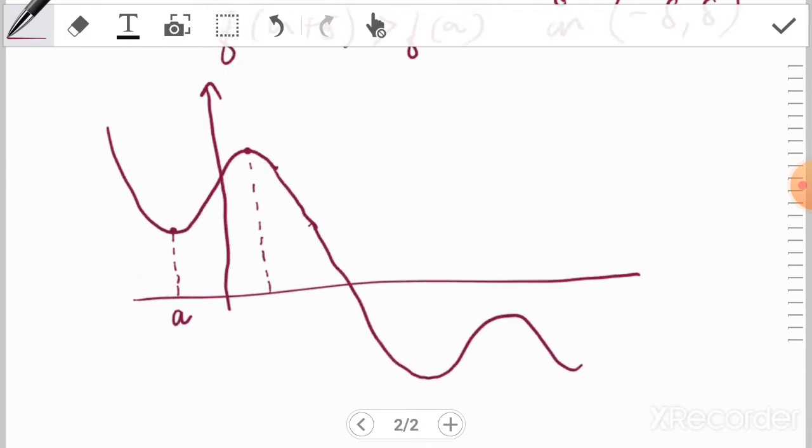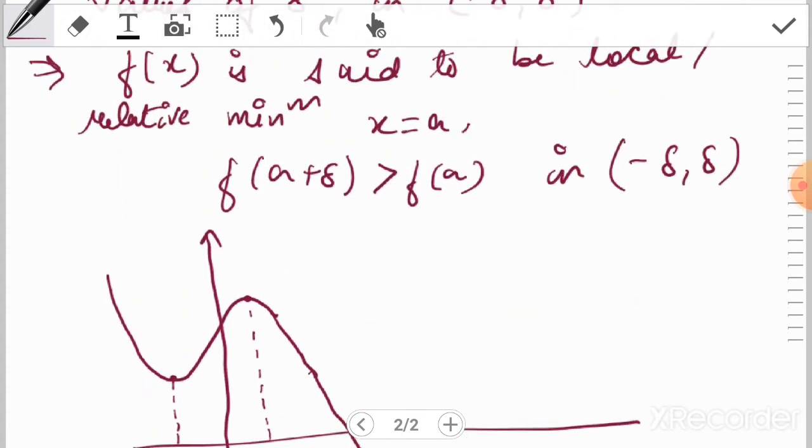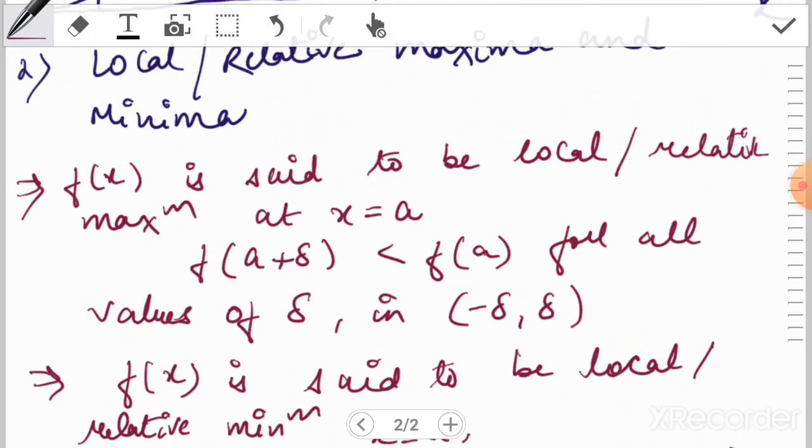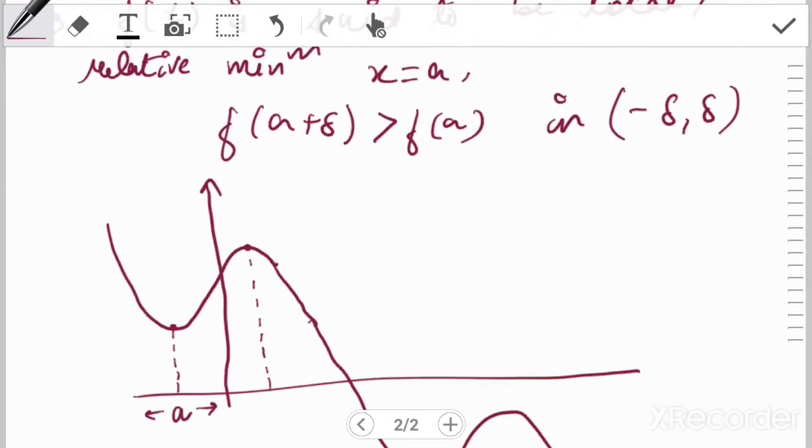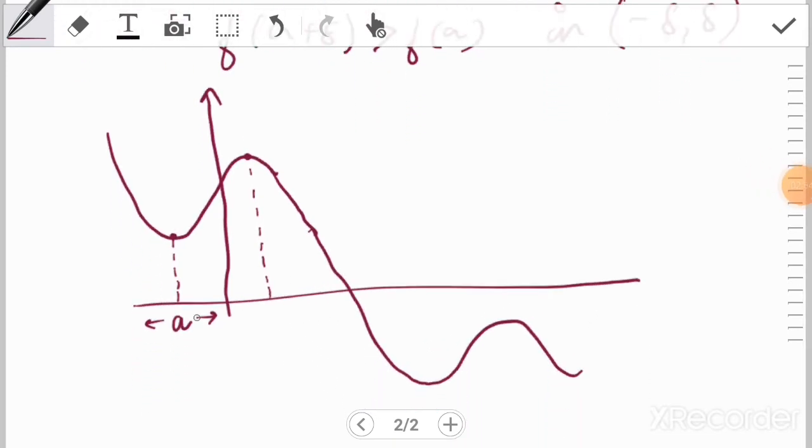Okay, so local means we are interested in the neighborhood of a. This means that if we consider a small interval around x is equal to a, then f(a) should be the minimum in that interval, and similarly the maximum in that interval, if this is a point, right?